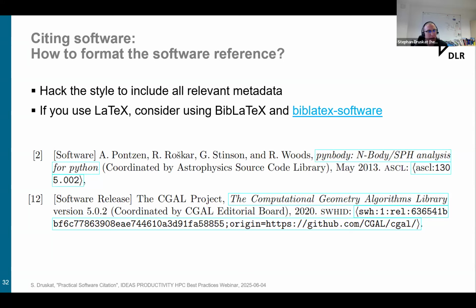For example, to include the version identifier, you can just use the title field, and you can add brackets and put the version in the brackets. However, if you use LaTeX, I suggest that you also use BibLaTeX. And if you use both, there is a great package which provides a style extension for software references that's been developed by Roberto Di Cosmo, also the lead of the Software Heritage Project.